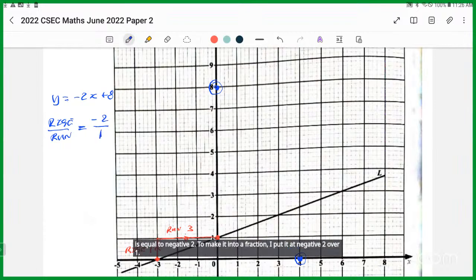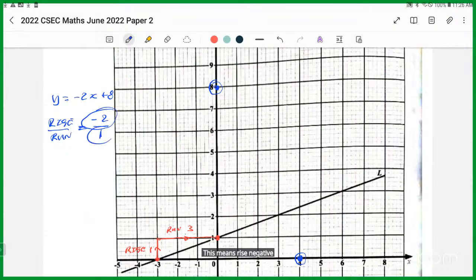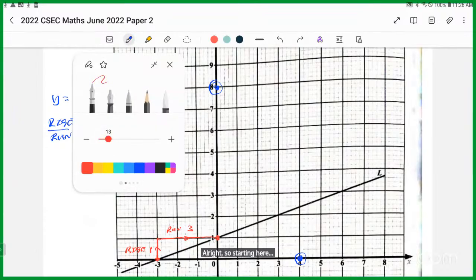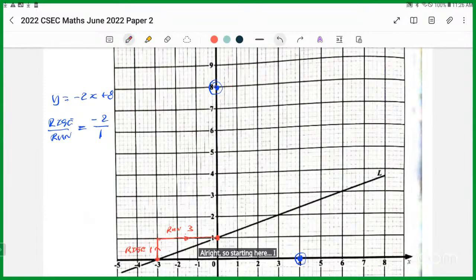This means rise negative 2, run 1 to get from point to point. When the rise is negative, it means that you go down. And the run, which is positive, means that you go to the right.